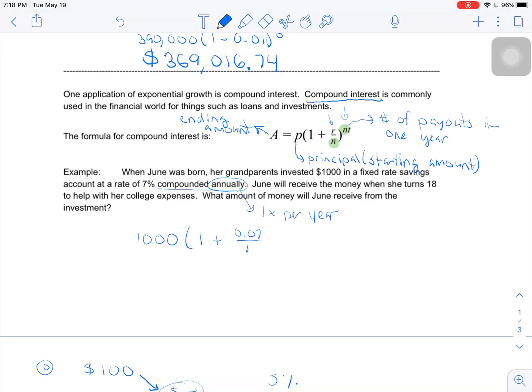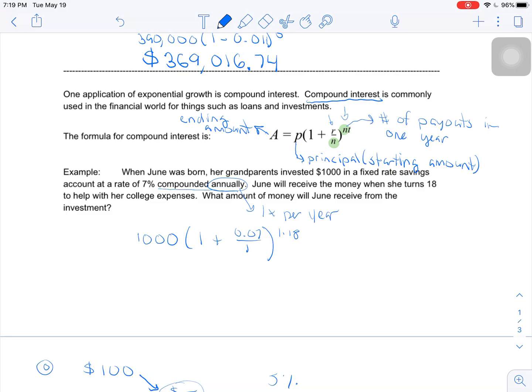But if we were getting paid more often than that, then we would have to divide it. For the power, we're going to get 18 payouts because it only pays once a year. So 1 payout per year times 18 years' worth of payouts. So that is what we're going to use to calculate our answer.